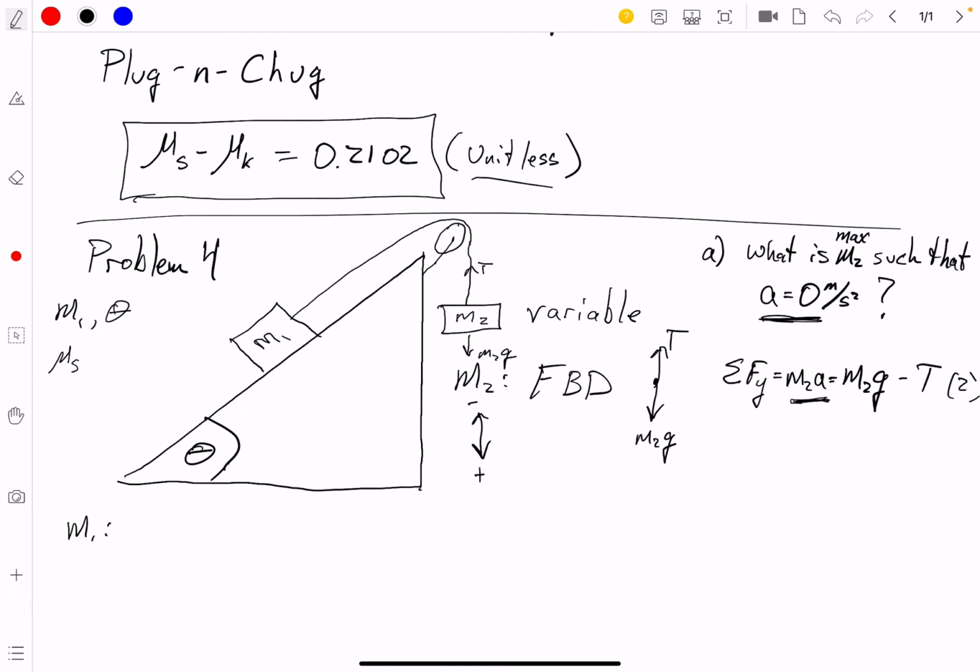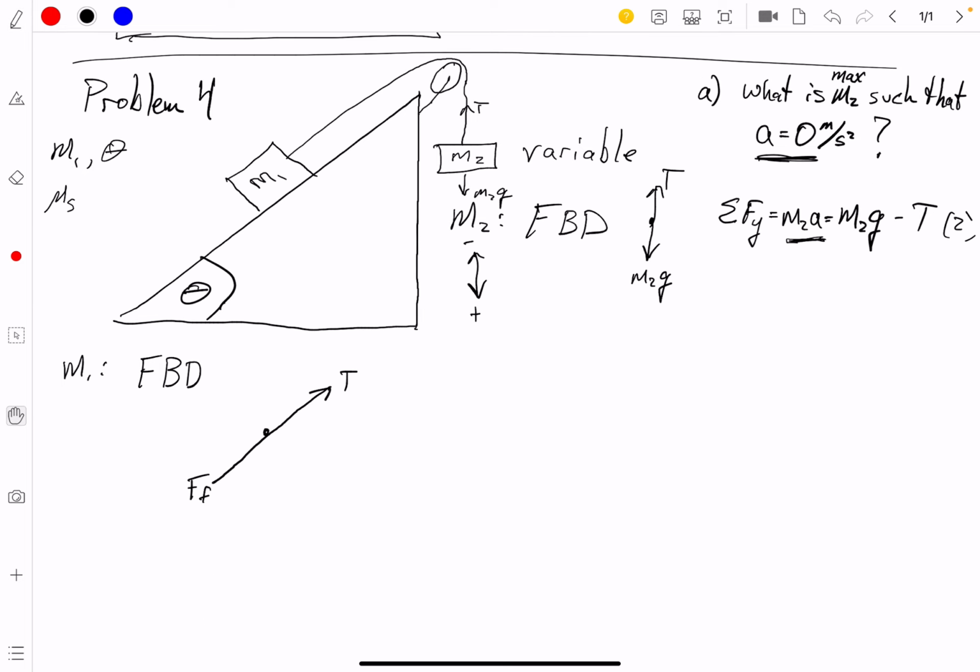All right, so let's do our free body diagram for M1. We've got our slant here. We've got our tension pulling up. We've got our force of friction pulling down. We've got m1g going that direction.